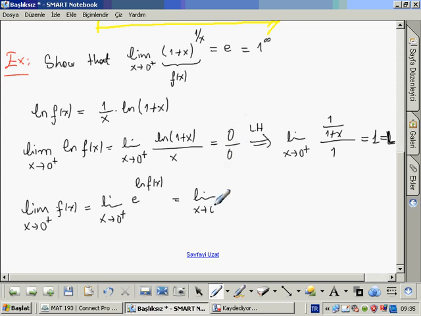We know that this part was 1, so e to the 1, so it's equal to e.